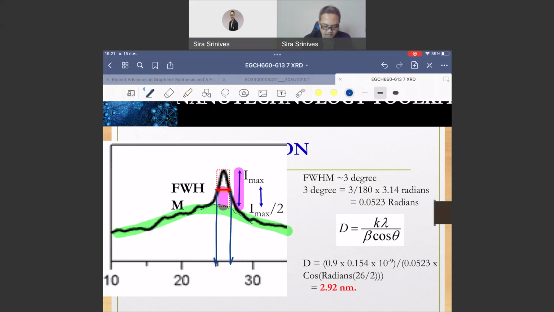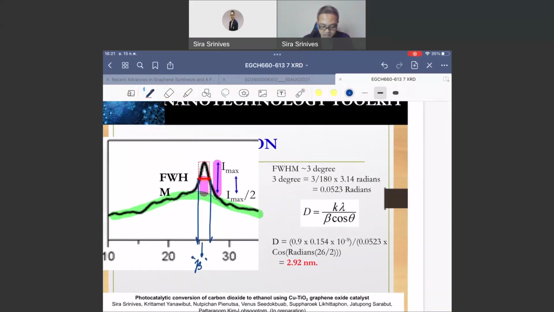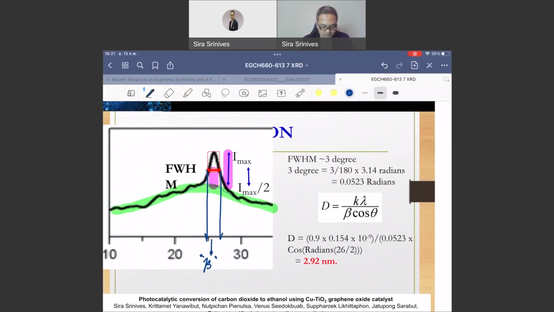Whatever I obtain, I put it as the beta value for the Scherrer equation. So let's say I got 3 degrees for the beta value.